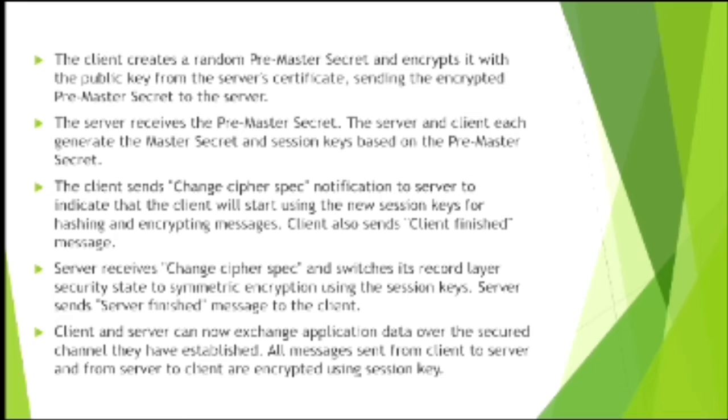The client sends a change cipher spec notification to the server to indicate the client will start using the new session keys for hashing and encrypting messages. The client also sends a client finished message, and the server receives the change cipher spec and switches its record layer security state to symmetric encryption using the session keys.